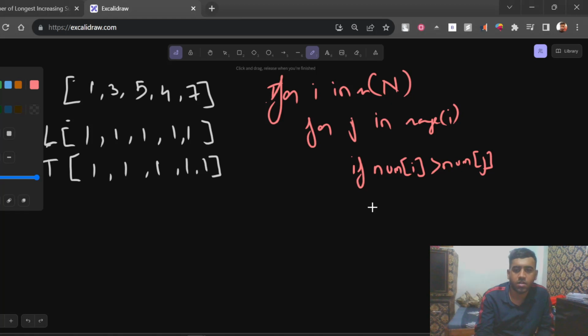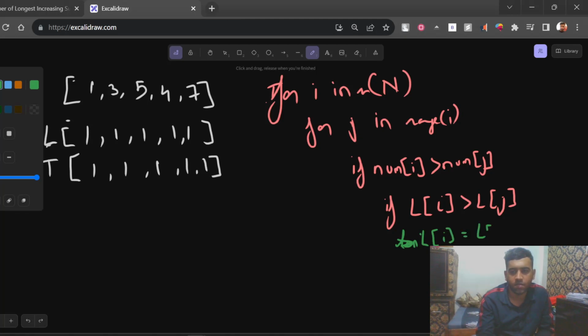Again, there's a third condition: if L of i is greater than L of j... then if this is true, L of i will be L of j plus 1, and C of i will be C of j.